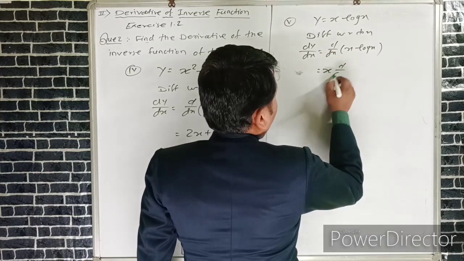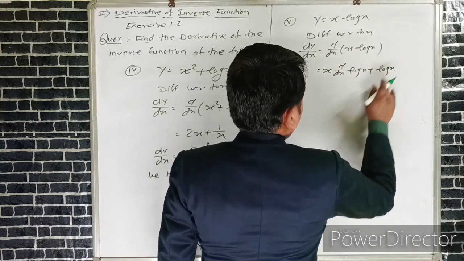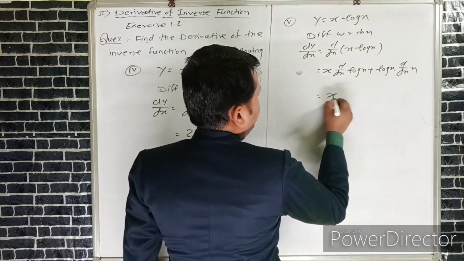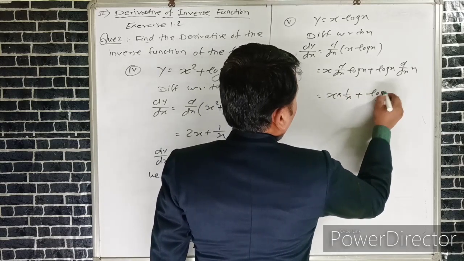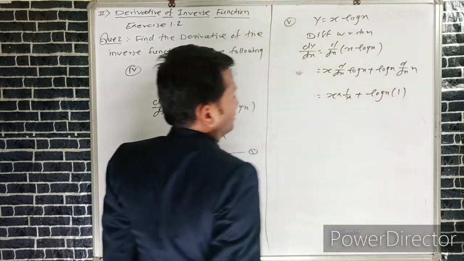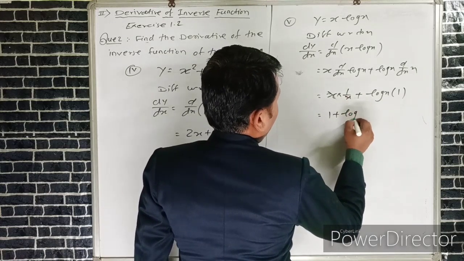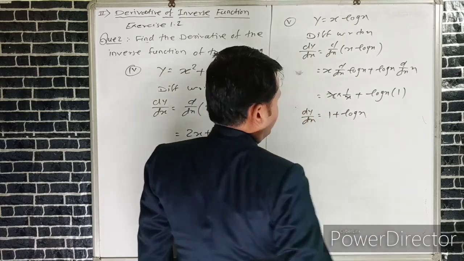First function into derivative of log x plus second function log x into derivative of x. We know that the derivative of log x is 1 by x, so x into 1 by x, plus log x into derivative of x, which is 1. Here x cancels. We can write 1 plus log x, which is the derivative of y with respect to x.